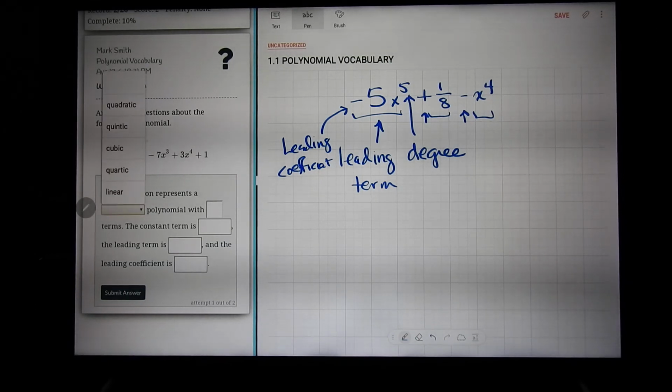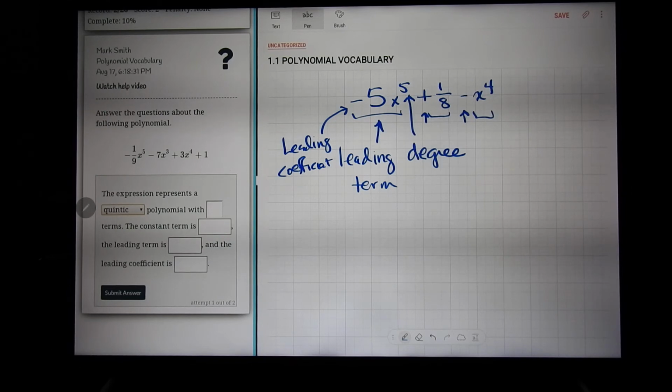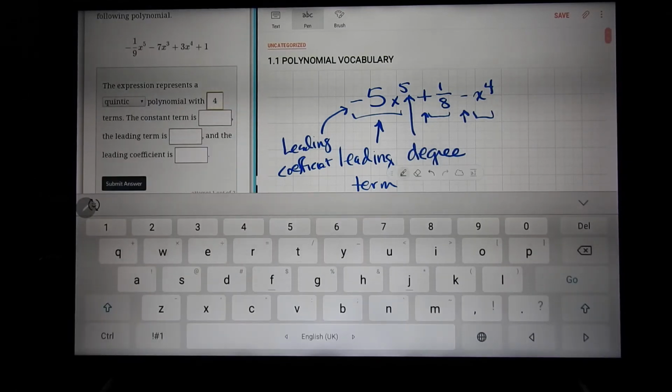All right, so the first thing we have to do is find the polynomial. Again, this has a 5 on it, so it's going to be that quintic one. How many terms does it have? Well, if we look at this, there's a negative sign, a positive sign, a positive sign. So there are 4 terms.